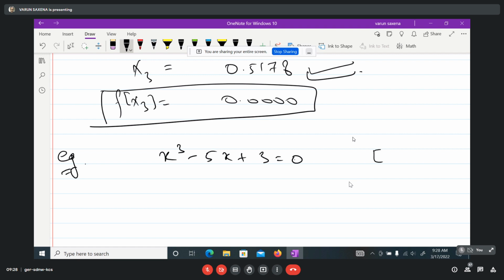I'll just give you one interval. You find out the root which lies in the center. You can find out using this method again, and I'll give you the answer also. So the answer is going to be x is equal to 0.656.